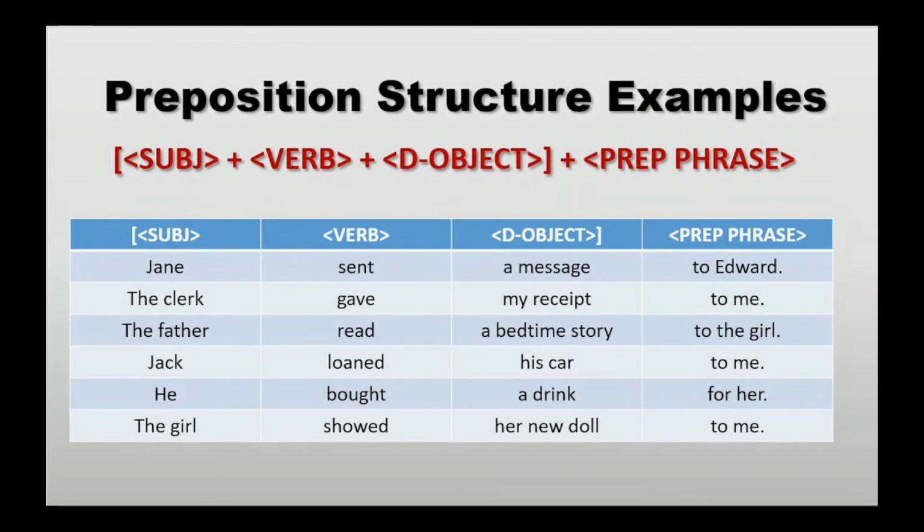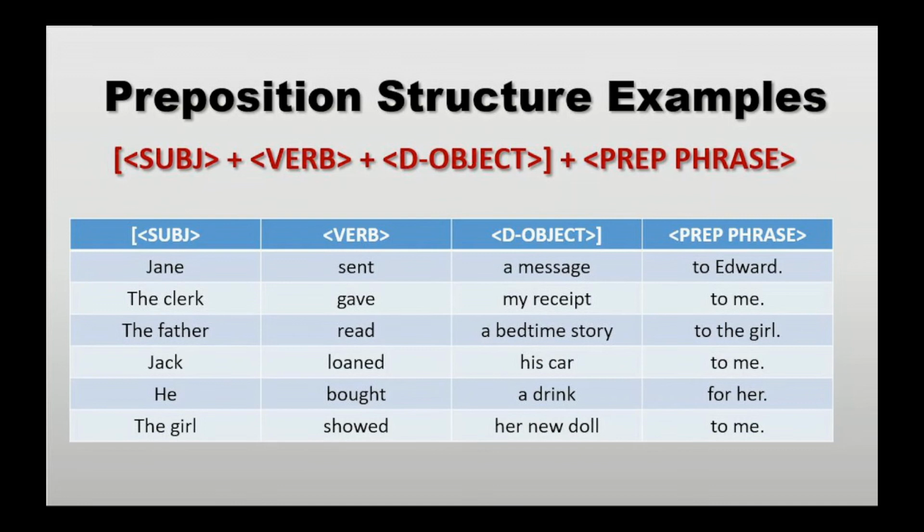You got that? So now I'll read them at a quicker speed. I'll eliminate the dramatic break. Listen to the intonation, listen to the phrasing, and try to catch the separation between the direct object and the prepositional phrase. Jane sent a message to Edward. The clerk gave my receipt to me.